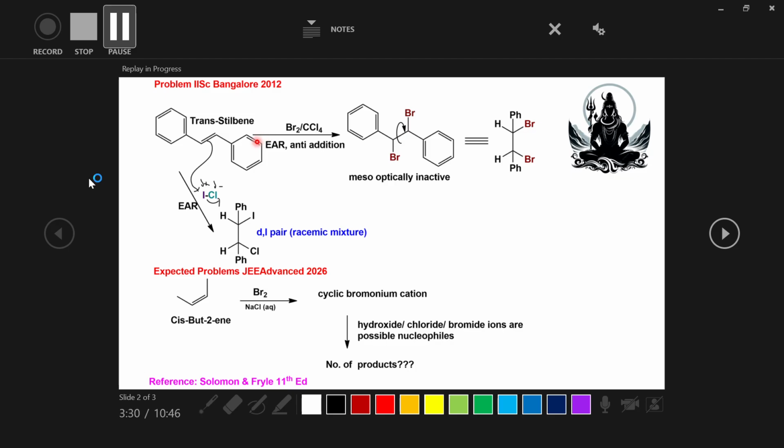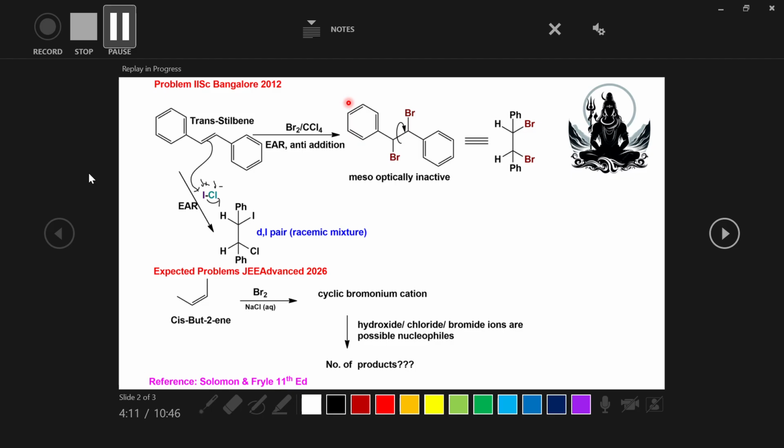You can put a triangle over here by removing the double bond, and at one vertex of the triangle, leaving these two carbons, we put a Br plus charge, which has a bond with this carbon and that carbon. Now, the Br minus that is generated in this reaction can attack any of these carbons of the cyclic bromonium ion.